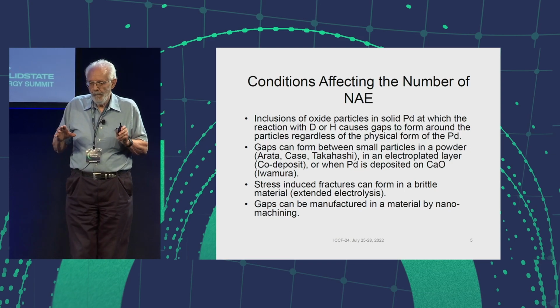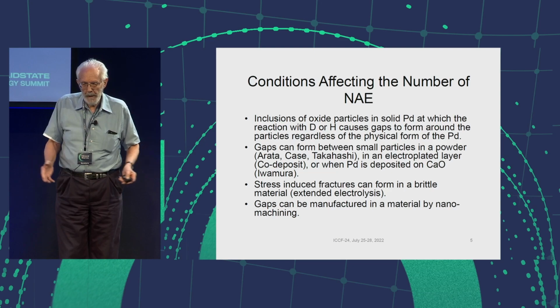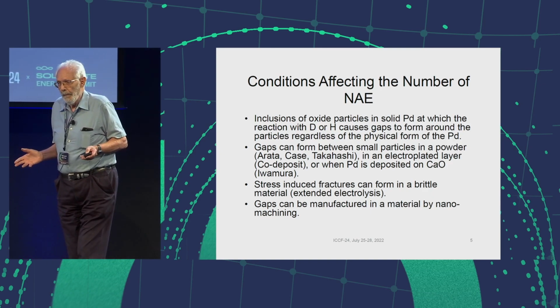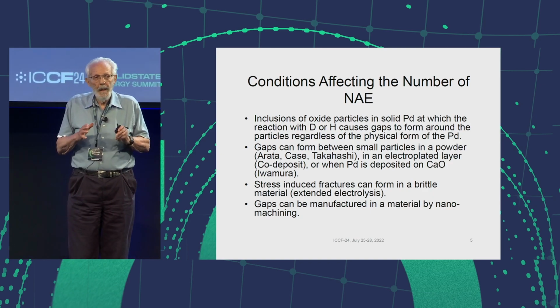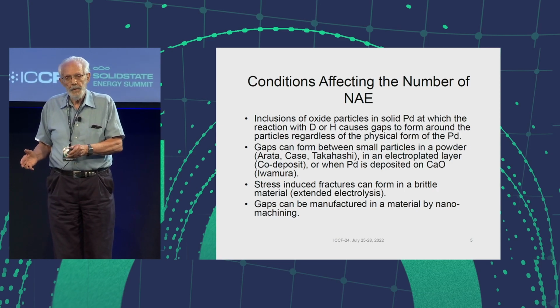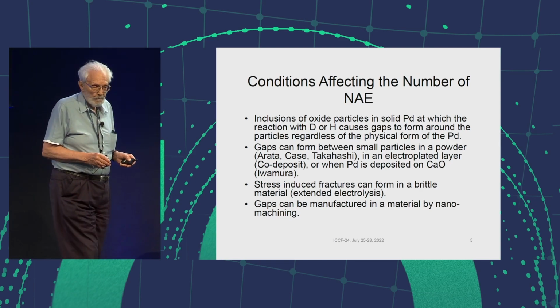The gaps form between these particles, which are embedded in a random way within the material. And that formation is controllable by the composition. That's where the composition comes in. But the size of the particle also plays a role.